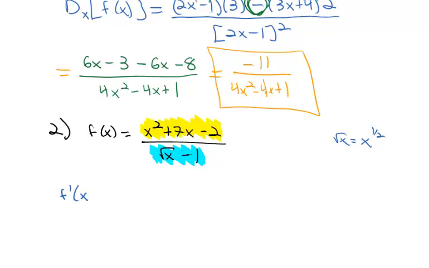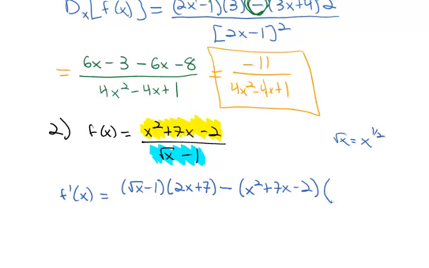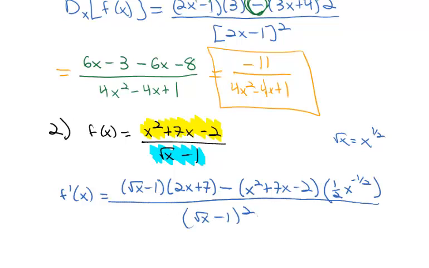So f prime is equal to low, the square root of x minus 1, D high, the derivative of the top, we should be able to see is 2x plus 7, minus high, x squared plus 7x minus 2, D low, the derivative of the square root of x is 1/2 times x to the negative 1/2, all over the low squared, square root of x minus 1 squared.